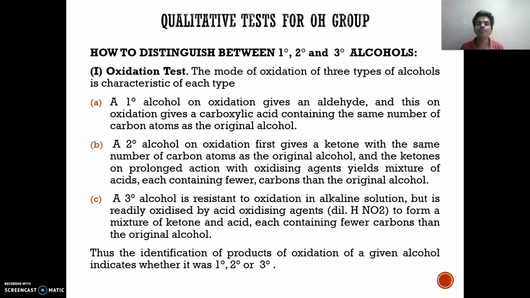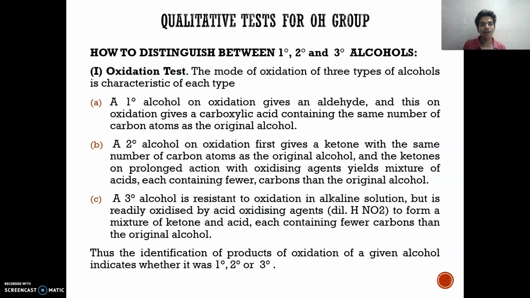In the case of a primary alcohol, oxidation gives an aldehyde, and this on oxidation gives a carboxylic acid containing the same number of carbon atoms as the original. That indicates that it is a primary alcohol. Then in the case of a secondary alcohol, oxidation first gives a ketone with the same number of carbon atoms as the original alcohol, and then the ketone on prolonged action with an oxidizing agent yields a mixture of acids, each containing fewer carbon atoms.